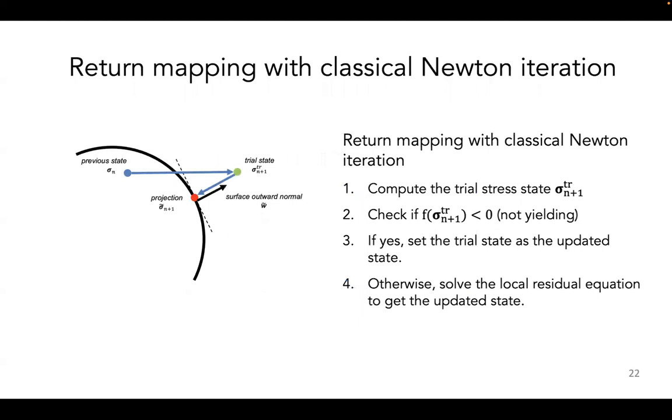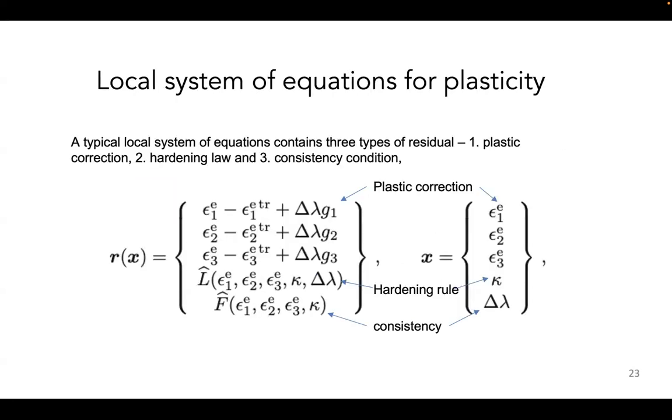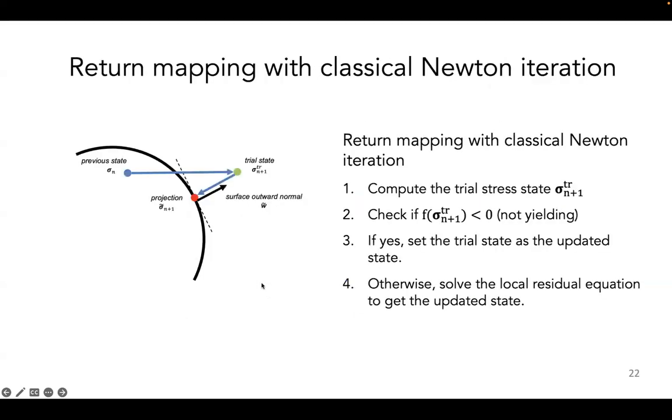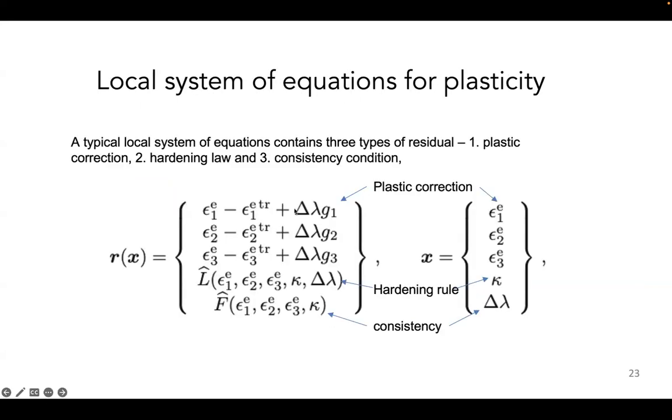Okay. And then I need everything to be correct. So I put it into a system of equations, and then I solve with the Newton-Raphson algorithm. Okay. So the hardening law is governing, if you think about it like a cartoon, how the yield surface is moving or evolving. And then the delta lambda is tuning how much I'm going to hit back onto the yield surface. And then the consistency equation is to make sure F equals 0.